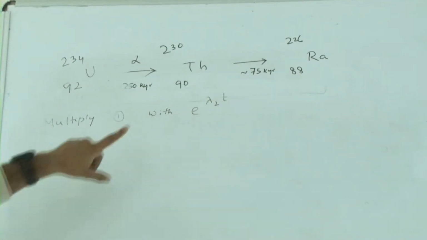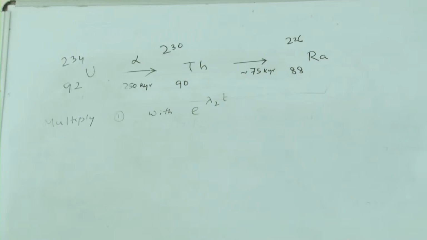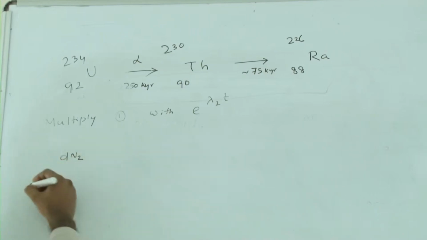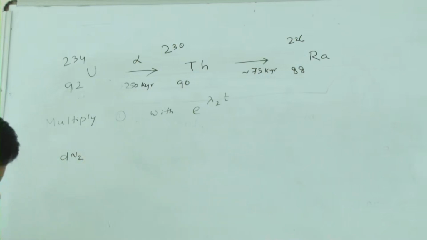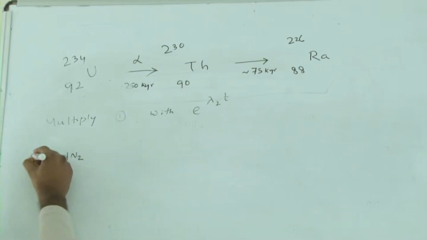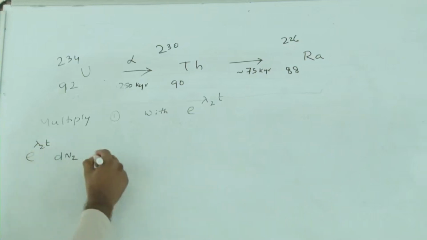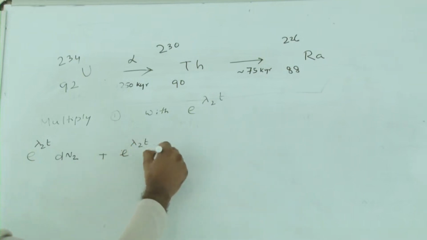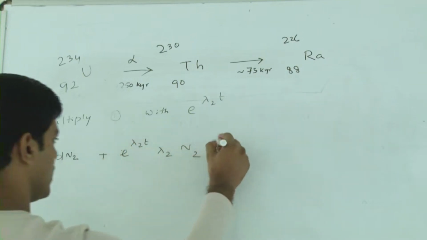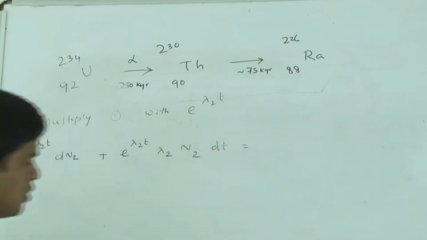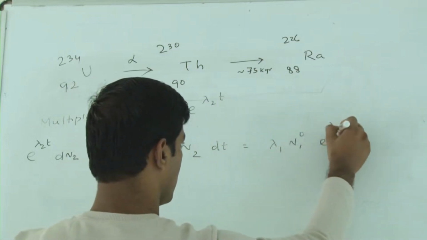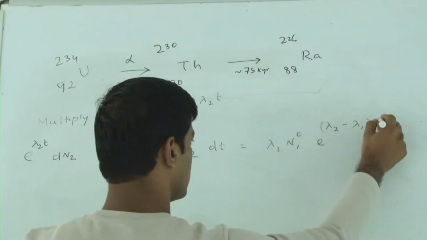So, either side I will multiply with e to the power lambda 2 t. Then first we will change this as dN2. I am also multiplying with dt, so that everything becomes in one form: e to the power lambda 2 t dN2 plus e to the power lambda 2 t lambda 2 N2 dt will be equal to lambda 1 N1 0 e to the power (lambda 2 minus lambda 1) t.